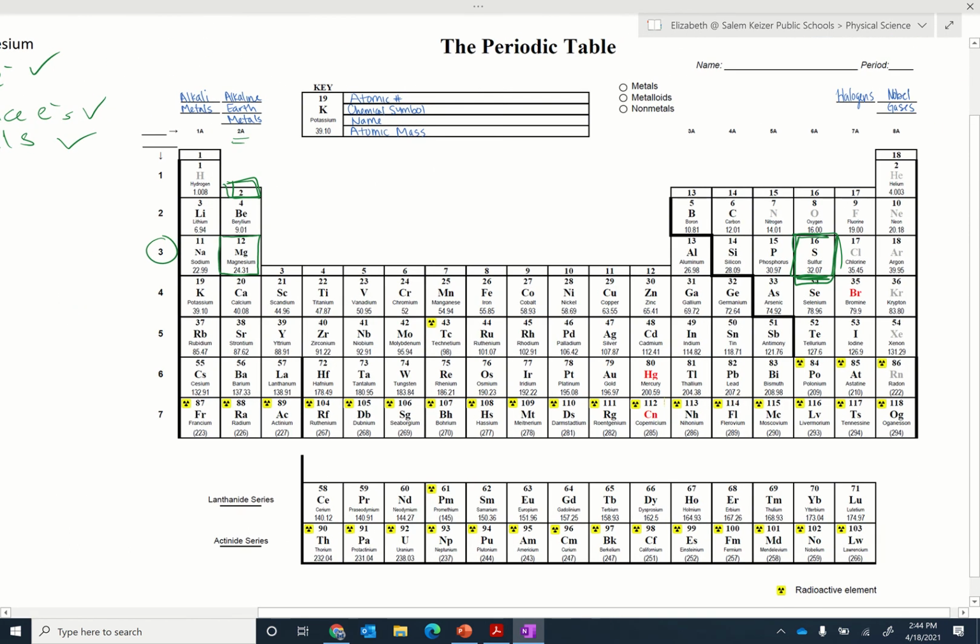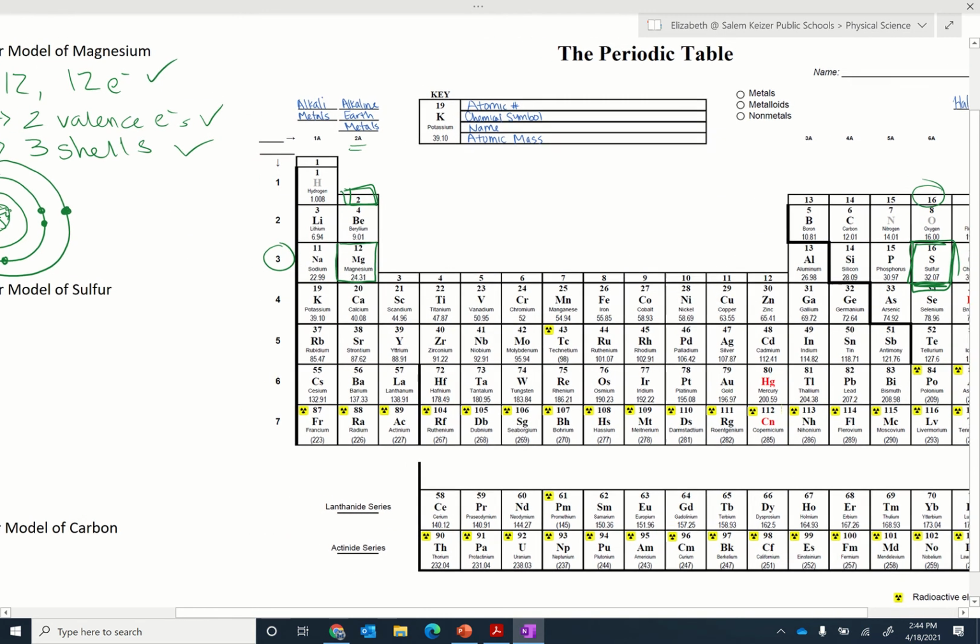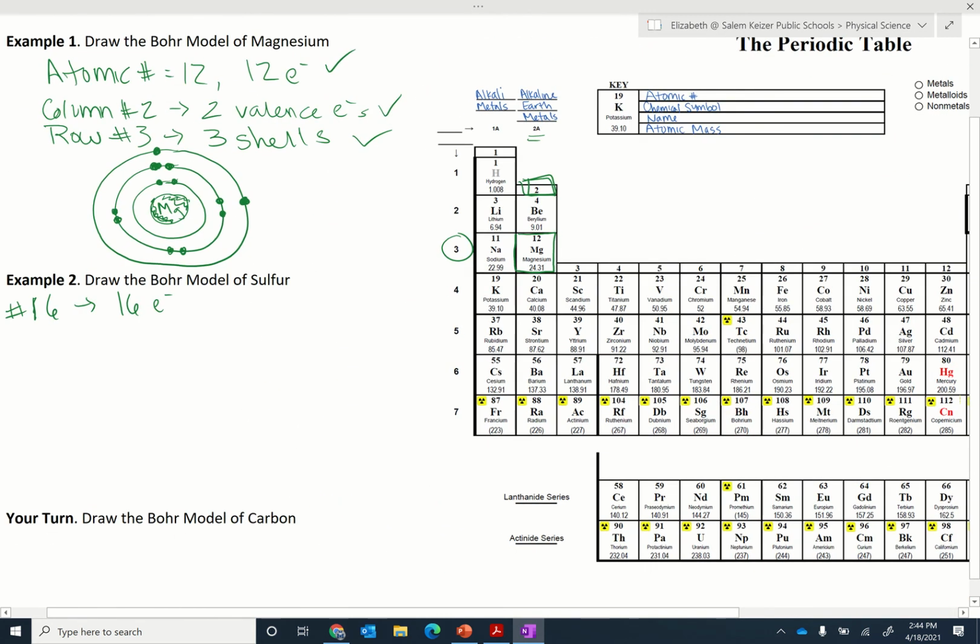If I look at the column number, it's in column 16. This just happens to be column 16 as well as atomic number 16. So for column 16, I just look at that ones place, so I have 6 valence electrons. That means I'll have 6 electrons in that outermost shell.